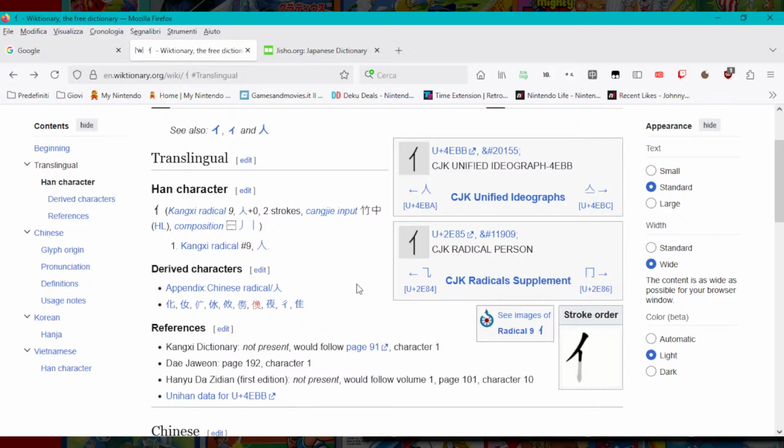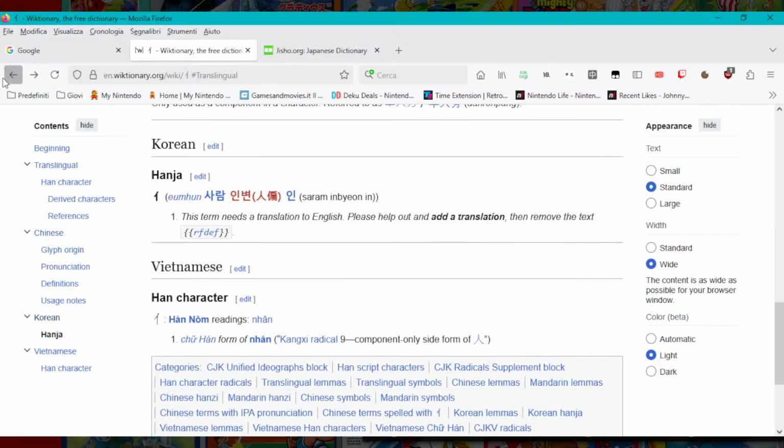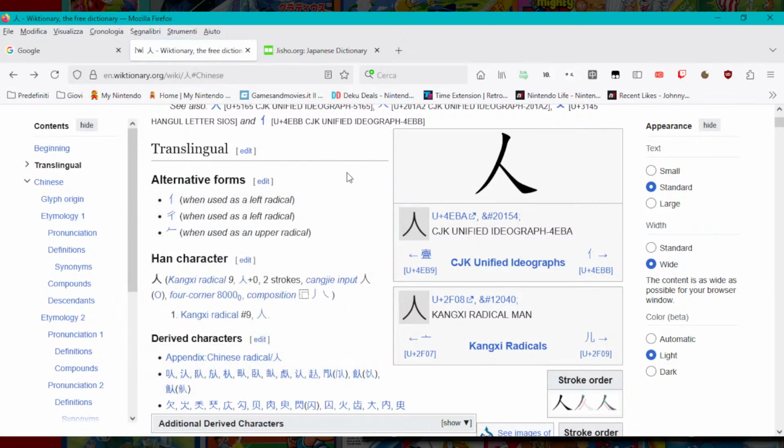And so in our case, something related to people, okay. Of course, we'll see kanji like this one better when the time comes when we actually see them in games, and so we focus also on the readings and so on.